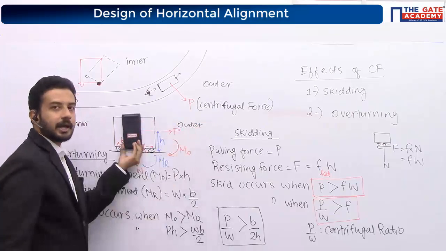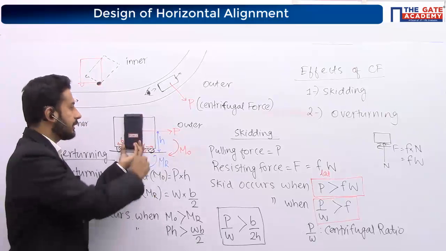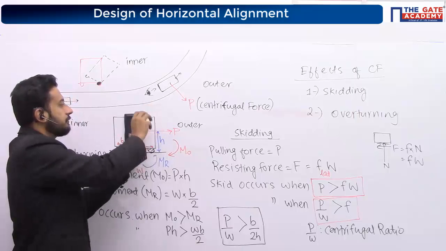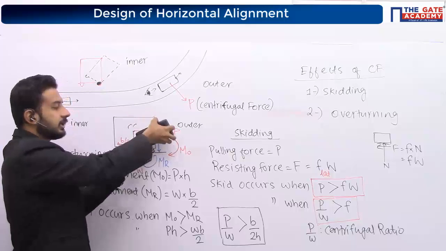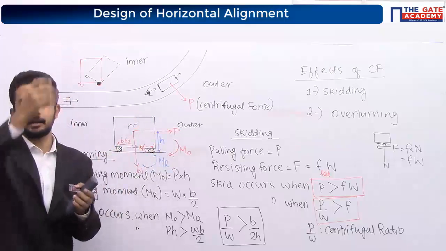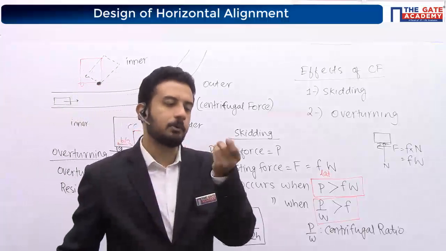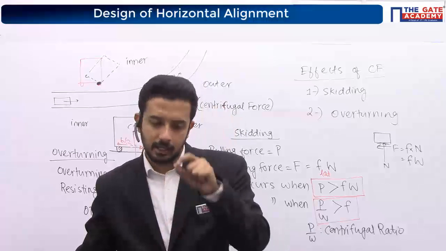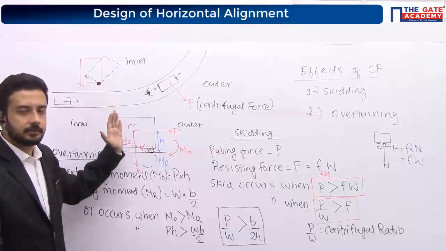Your force is going to act like this. If there is a moment, how will it overturn? If I try to apply a rotating force here, it will overturn like this only, na? About the outer tire only it will overturn. The inner tire will go in the air. Whenever you are studying overturning, about which point it is going to rotate, about that point only we are going to calculate. The left tire will rise.